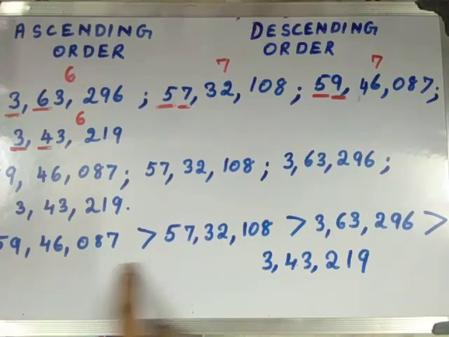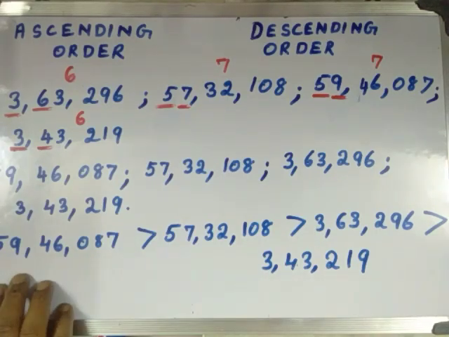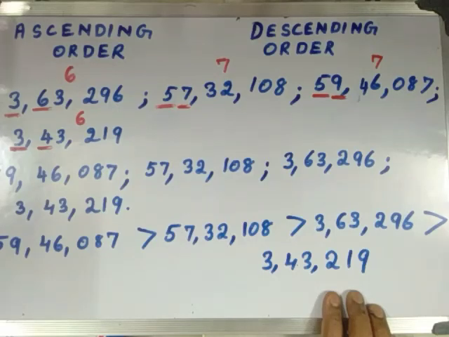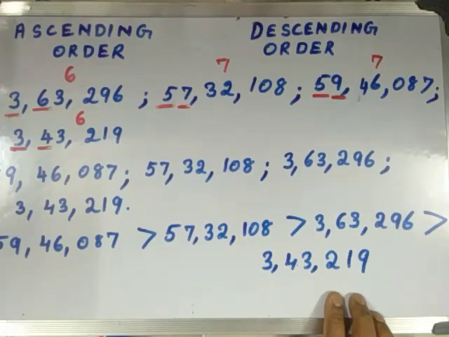So these set of numbers are written in decreasing order, that means starting from the greatest and ending with the smallest, and this arrangement of numbers is known as decreasing order or descending order.